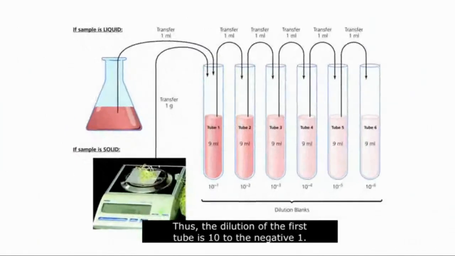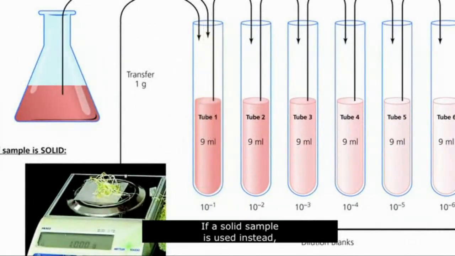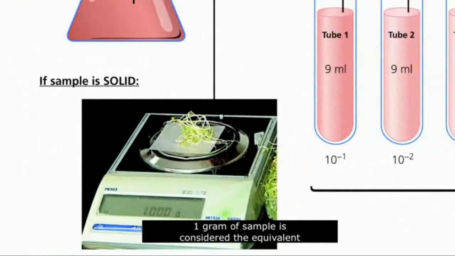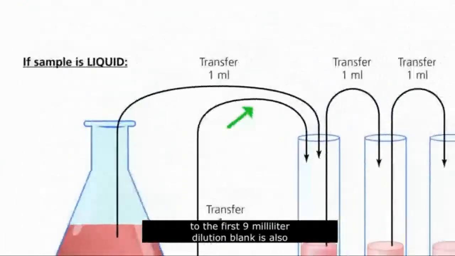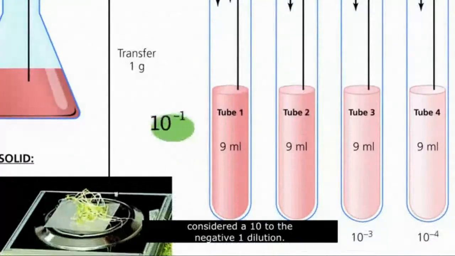Thus, the dilution of the first tube is 10 to the negative 1. If a solid sample is used instead, 1 gram of sample is considered the equivalent of 1 milliliter of a liquid sample. 1 gram of solid sample transferred to the first 9 milliliter dilution blank is also considered a 10 to the negative 1 dilution.